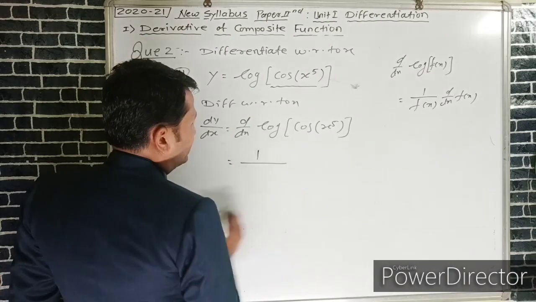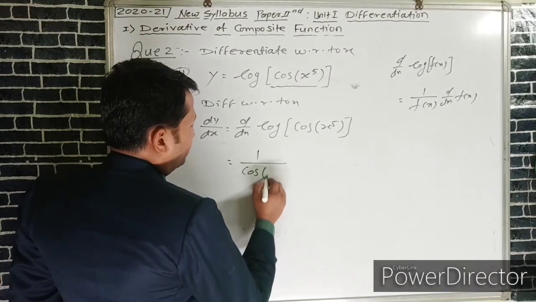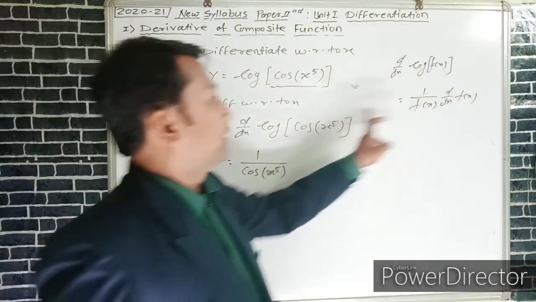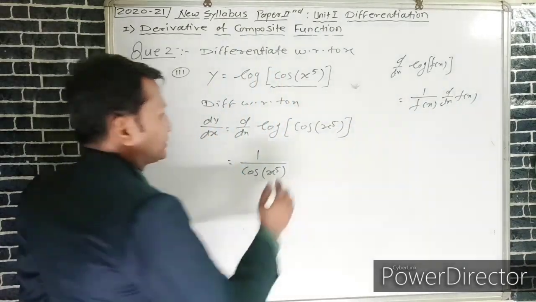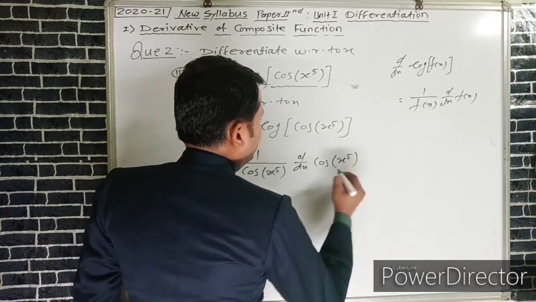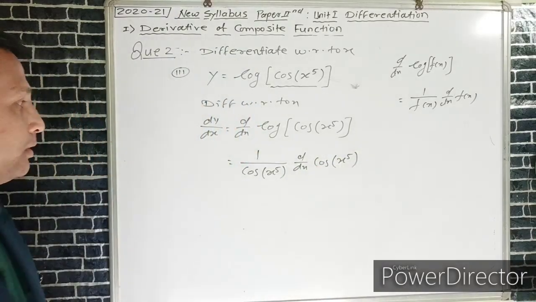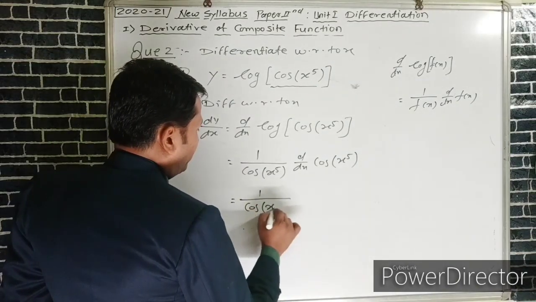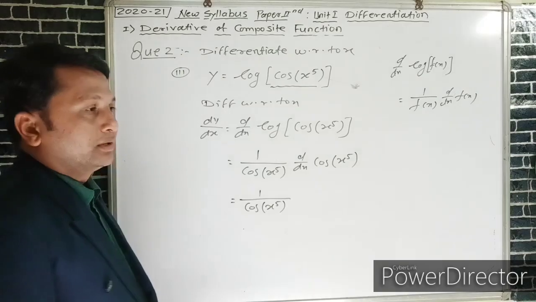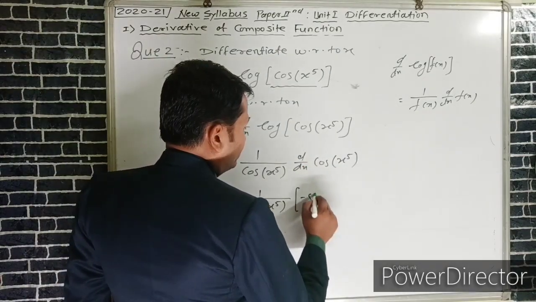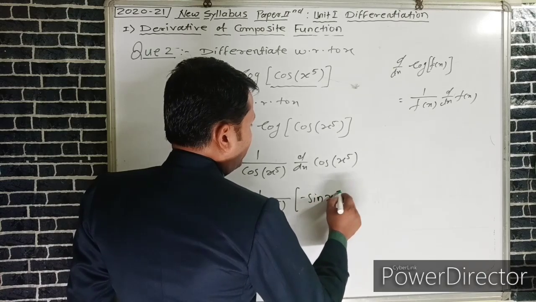Hence we can write 1 upon cos of x raised to the power 5, and again the derivative of f(x), meaning the derivative of cos of x raised to the power 5. We write 1 upon cos of x raised to the power 5 as it is. The derivative of cos is minus sin of x raised to the power 5 as it is.